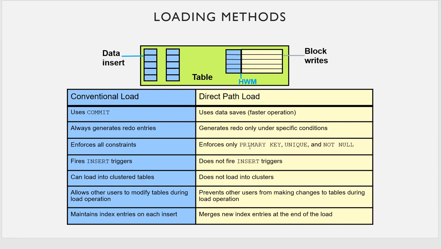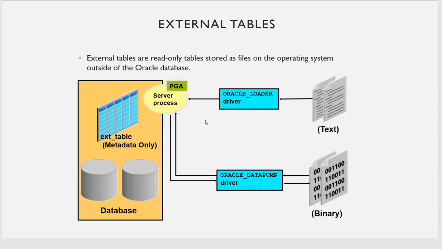The rest it will ignore, like indexes and all those, so it is not good when you're doing direct path load. You have to disable the indexes. If indexes are there, it will lead to a performance impact. Also, conventional load fires insert triggers and direct path load does not fire the insert triggers. These are the differences between conventional load and direct path load. Direct path load is for when you're doing bulk loads, right?